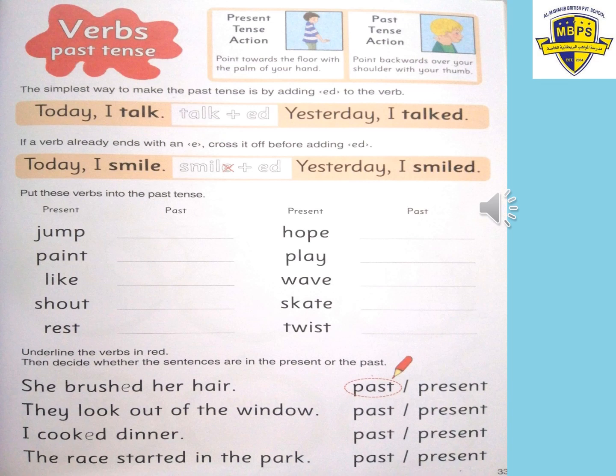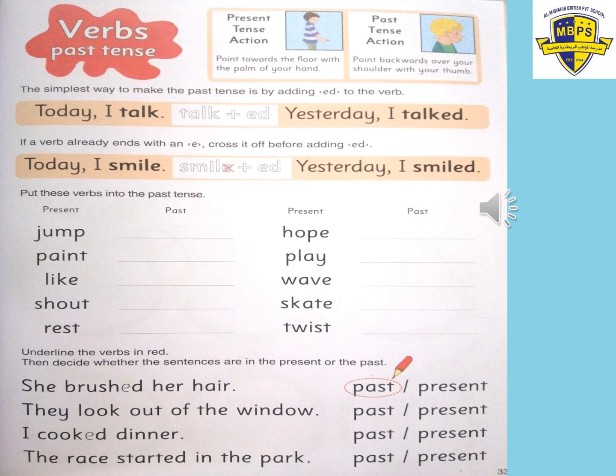Very good, brushed. Now look carefully at the verb. What do you see at the end of the verb? Ed. Excellent. And we said if the verb has ed, this means the verb is past or present? Past. Very good. So you will go and circle the word past.